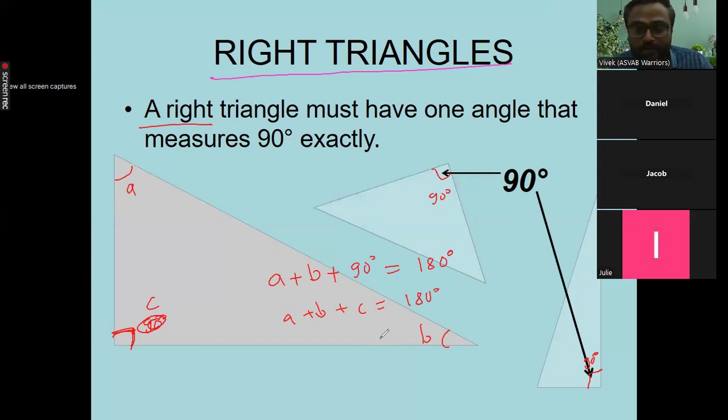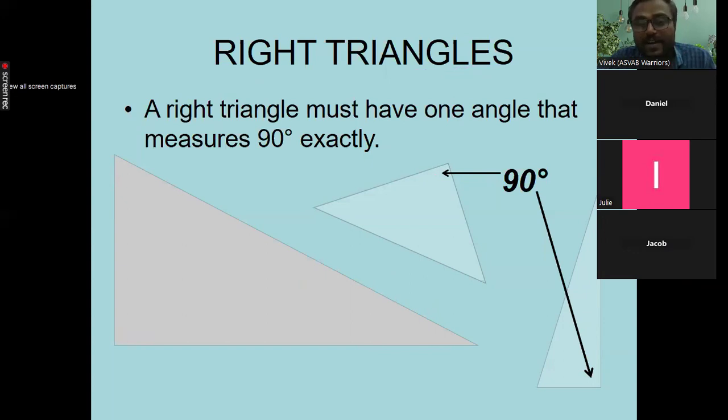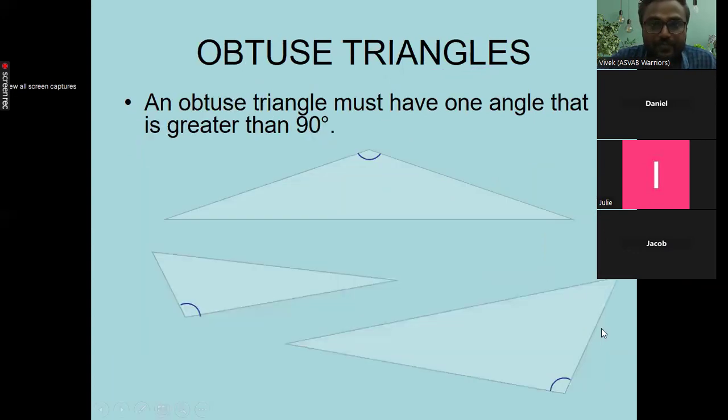So what did we understand from this? The sum of interior angles of a triangle is equal to 180 degrees. Right triangles have exactly one right angle. Obtuse triangles, of course, have one obtuse angle.